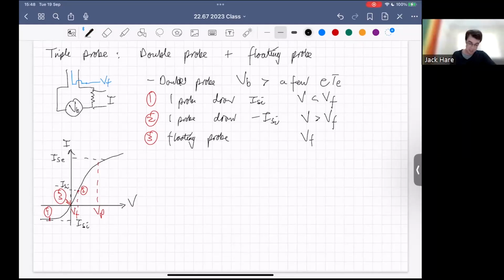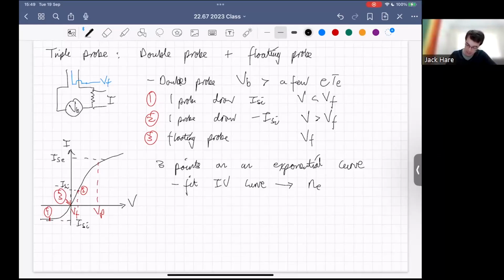And this means we're measuring 3 points on an exponential curve, and 3 points on an exponential curve is enough to specify it. And so we can just fit the IV curve and we can get out straight away what the density is and what the temperature is.